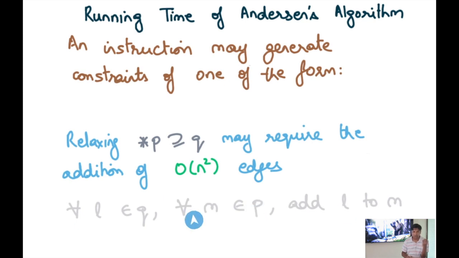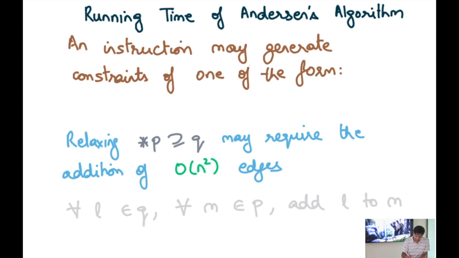And because there are two quantifiers here, and each of them could be, in the worst case, order n, I may need to add order n elements to each set, where the number of sets to which I need to add those order n elements could also be order n. So that makes a total of order n square extra edges.